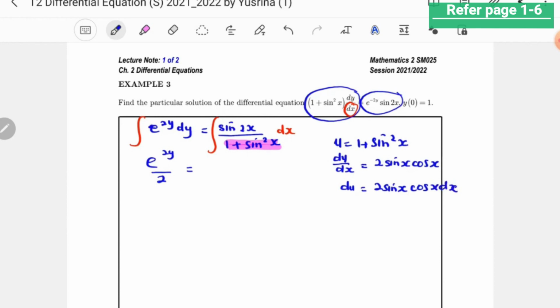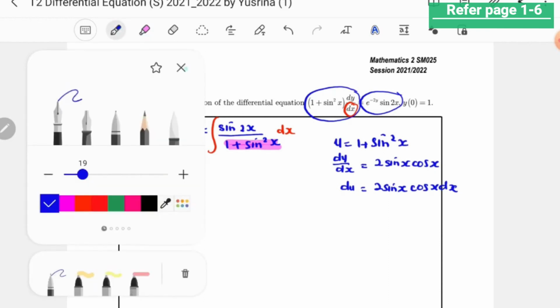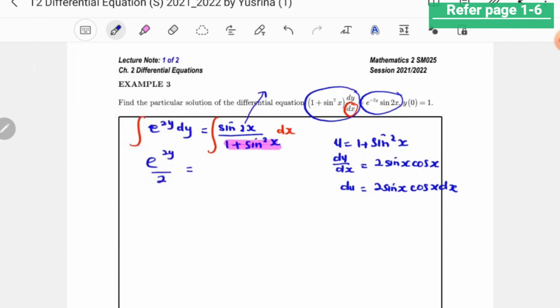So sin 2x, by using trigonometry properties, sin 2x equals 2 sin x cos x. So integrate 2 sin x cos x over 1 plus sin squared x dx.